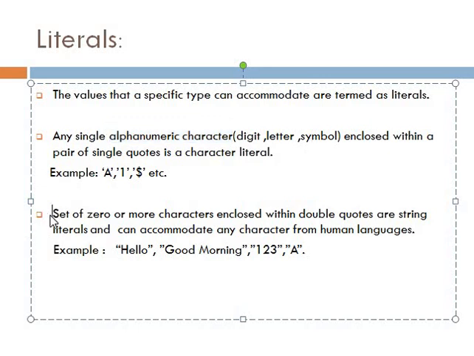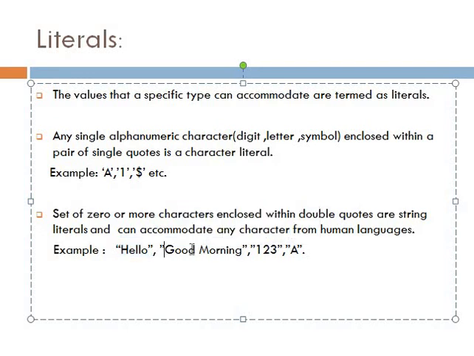Now come below, this point says a set of 0 or more characters enclosed within double quotes are the string literals. Now this time I am going to enclose it not within single quotes, but double quotes like this. When I enclose 0 or more characters within double quotes, this becomes a string literal, and the examples are hello, good morning, 1 2 3, A. As you can see here, the word hello is enclosed within double quote, so it becomes a string.